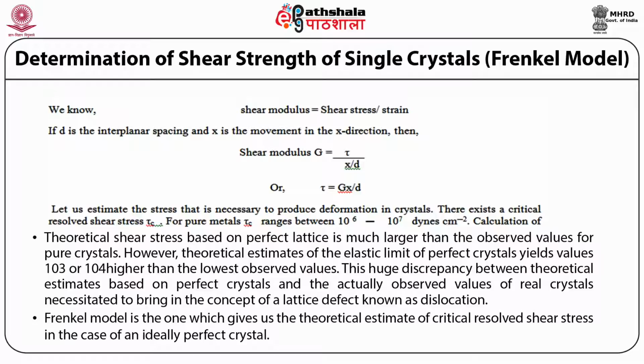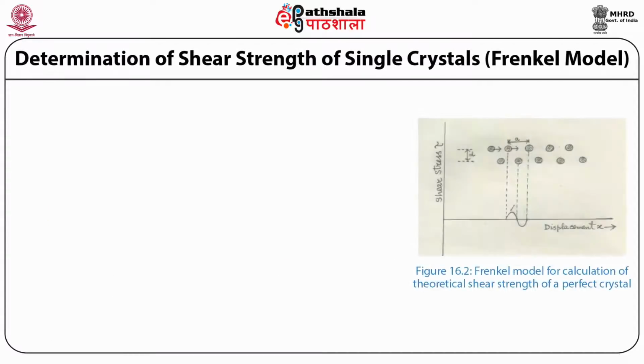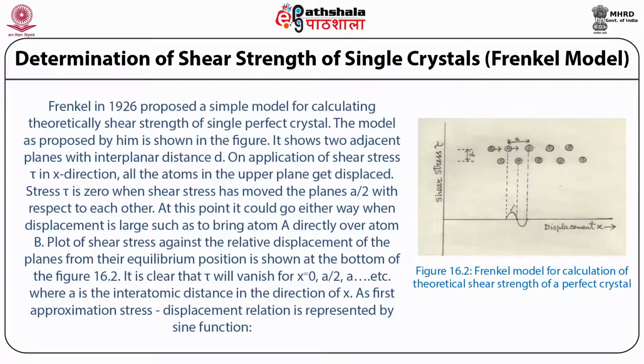ideally perfect crystal. Figure 16.2 shows the Frankel model for calculation of theoretical shear strength of a perfect crystal. Frankel in 1926 proposed a simple model for calculating the theoretical shear strength of a single perfect crystal.